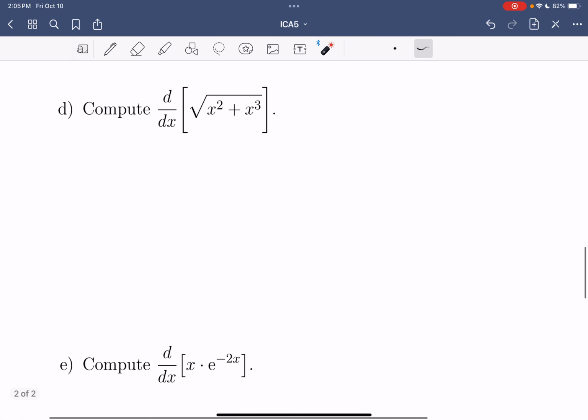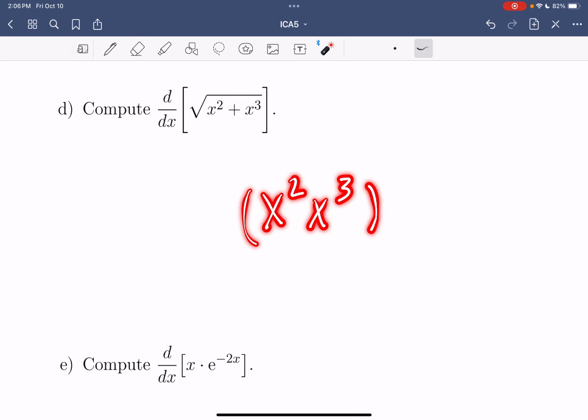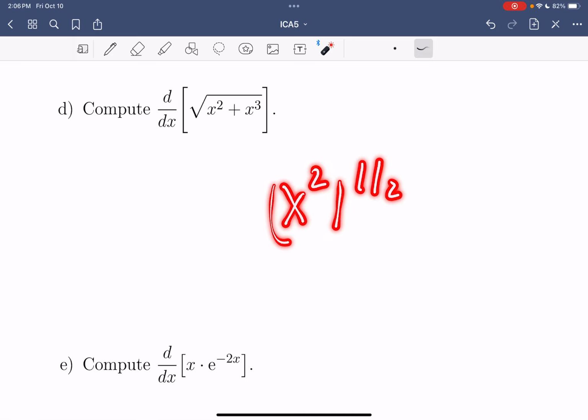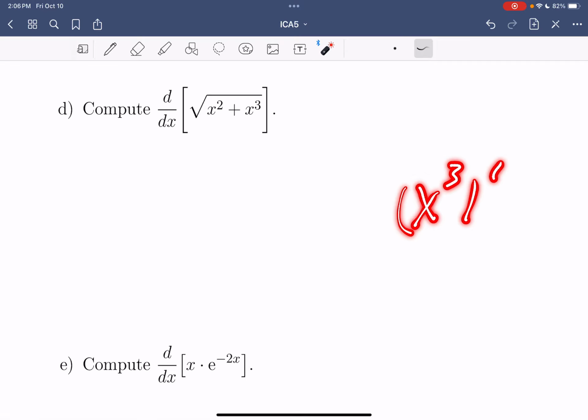So again, let me remind you, if I had x squared times x cubed, the whole thing raised to the 1/2, then you would do x squared to the 1/2 times x cubed to the 1/2. That's not the case here. If you have a sum, you don't get to distribute the exponent, okay?